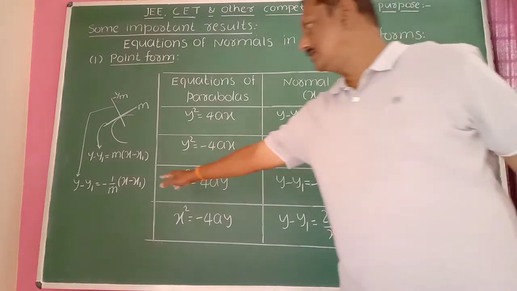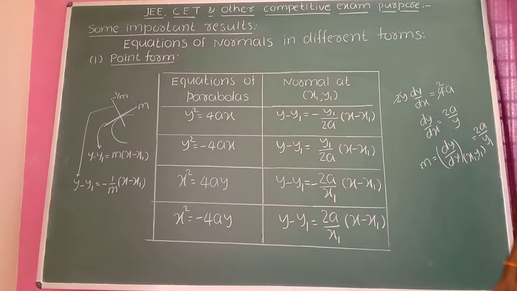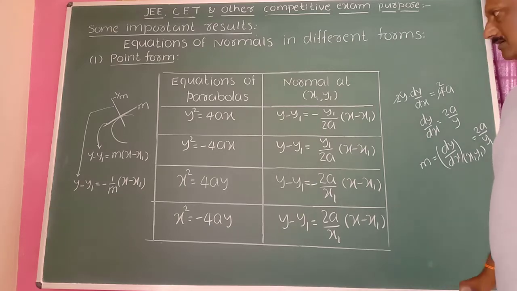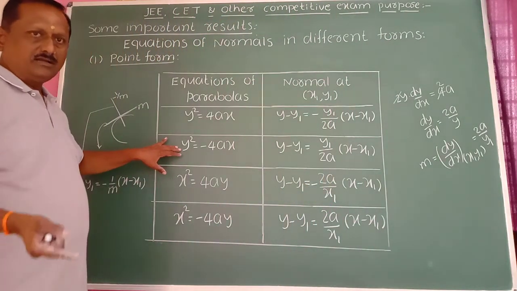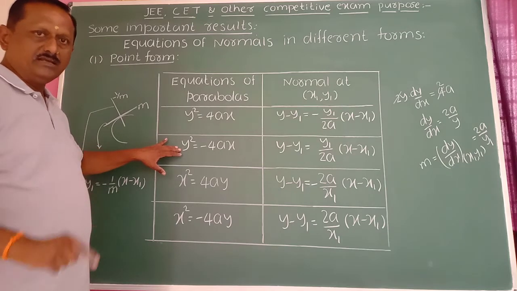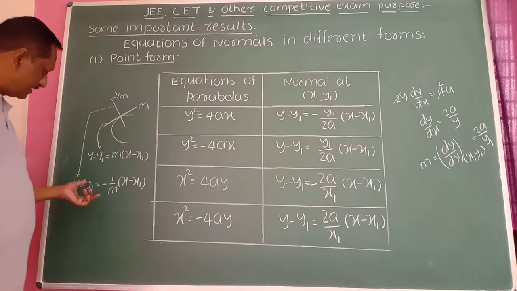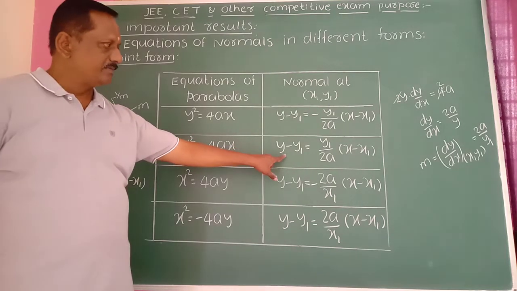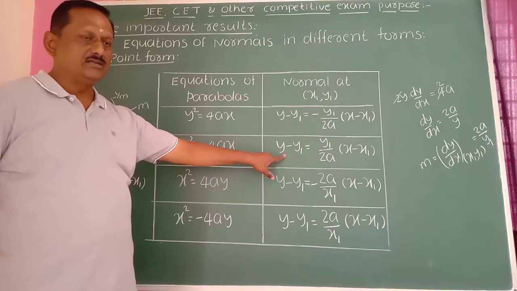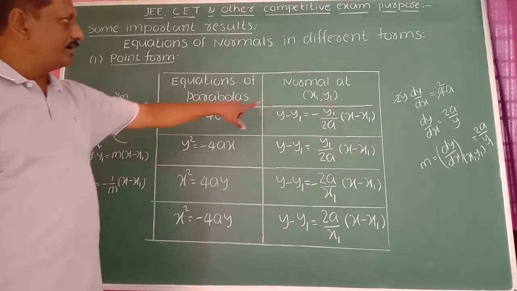This is the equation of normal. So we are using this differentiation method, which is a very simple method. Similarly, differentiate this one, replace y by y1, take the reciprocal and multiply by the minus sign, and use this formula. We get the equation of normal to this parabola at the point (x1, y1).